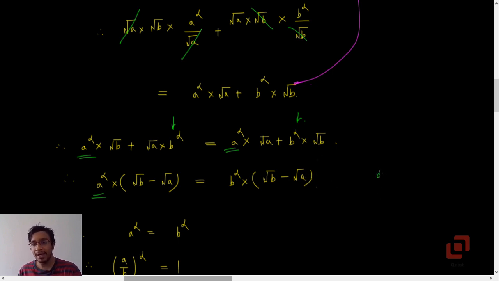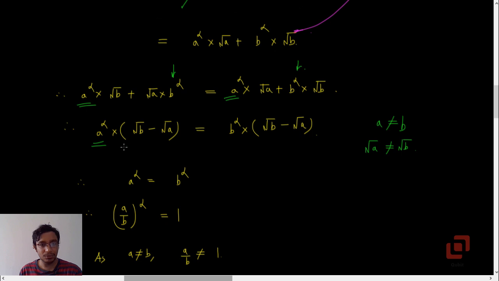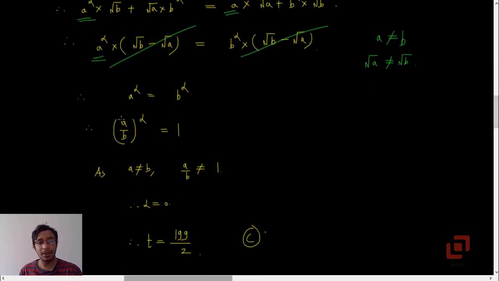Now as a is not equal to b, root of a cannot be equal to root of b. They have mentioned this, that a and b are unequal or distinct. So that allows us to cancel root b minus root a. So a to the power alpha is b to the power alpha, or a upon b to the power alpha is 1.